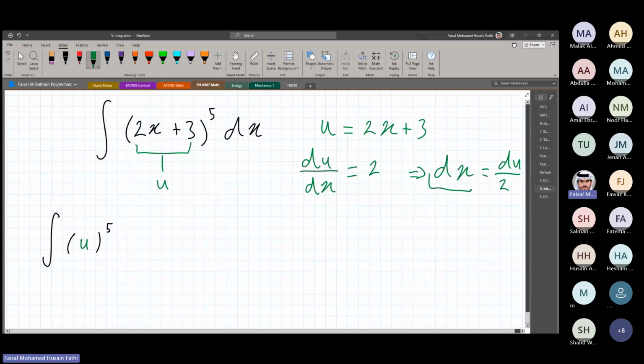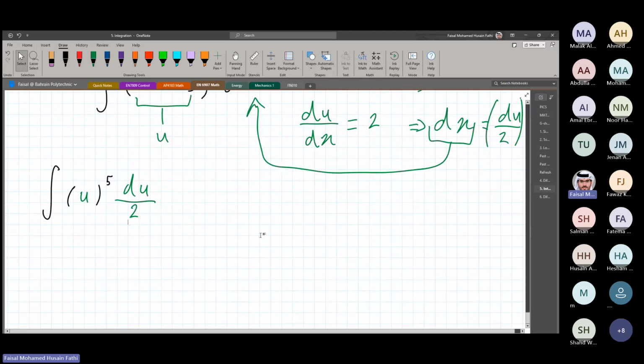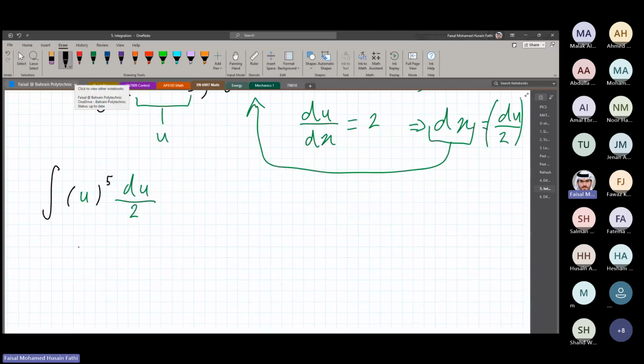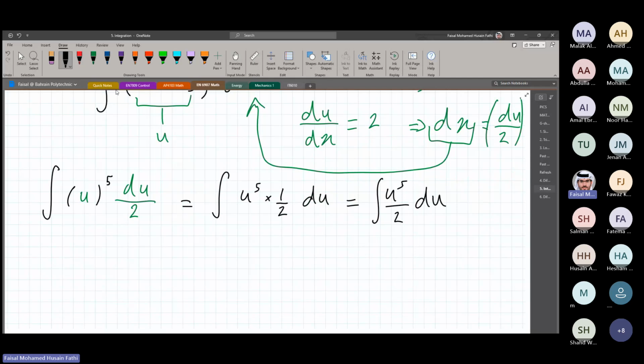Why? Because you want to substitute this dx in place of here with whatever value is inside it. So it becomes du over 2. Or in other words, if you just want to write it in a better way, this is just simply equal to u to the power of 5 times half du. Or in other words, it's simply u to the power of 5 over 2 du. And that's it. And then you integrate this simple equation, which you already know how to do.